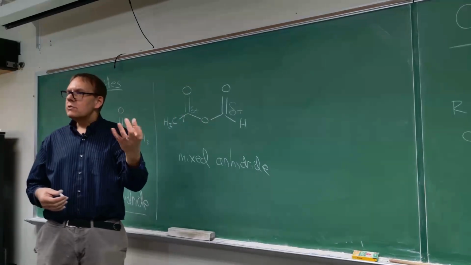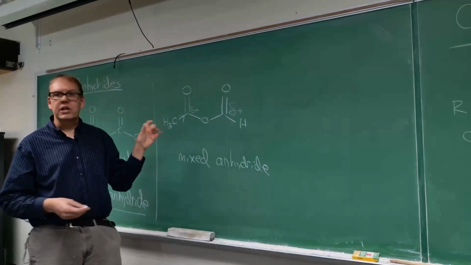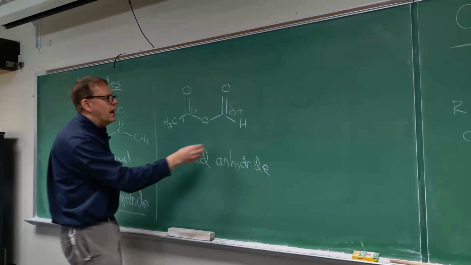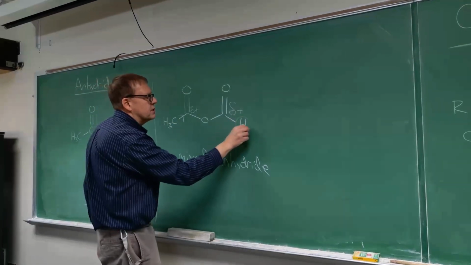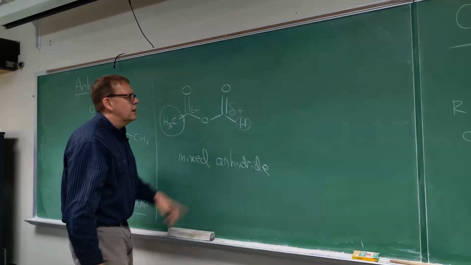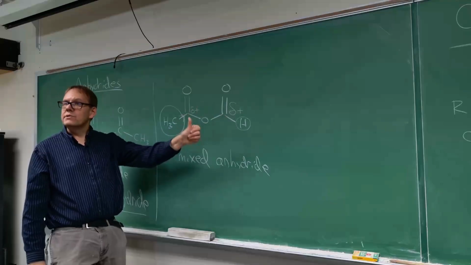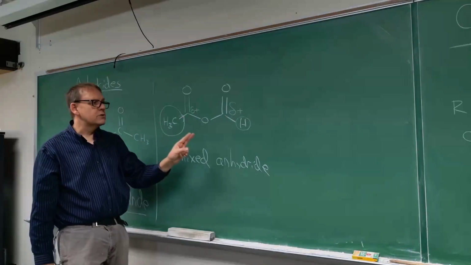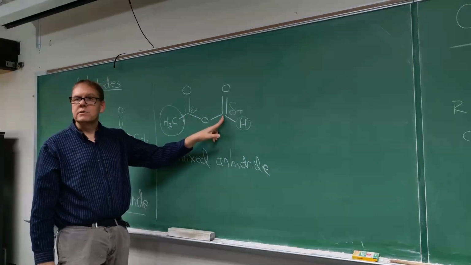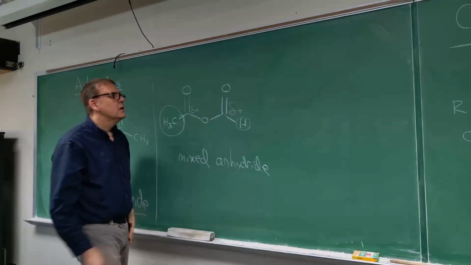So a nucleophile is going to be more attracted to it. The other thing is steric hindrance. Over here you've got a hydrogen, which is a small group, and over here you've got a methyl, which is a much larger group. So that is the more reactive carbonyl for two reasons. It's more electron poor, which makes it more reactive, and it's also less bulky in the neighborhood of the carbonyl.